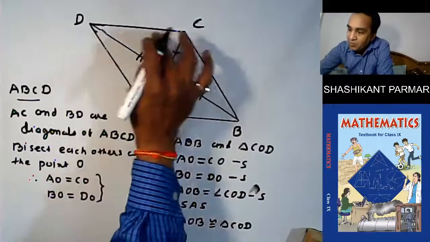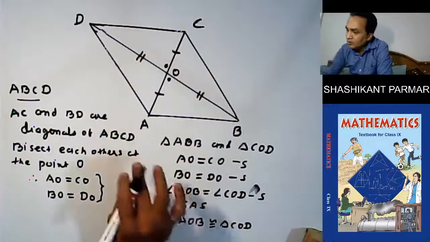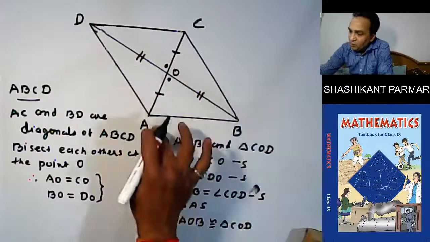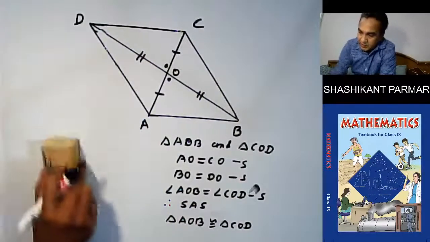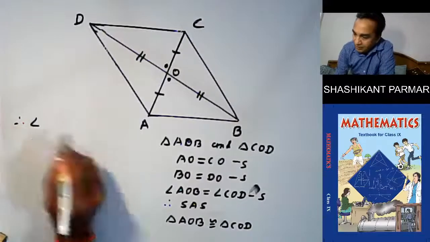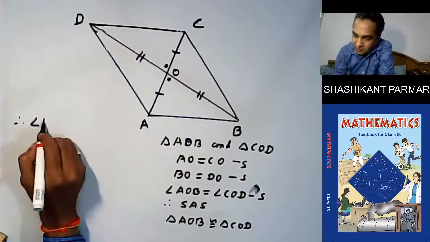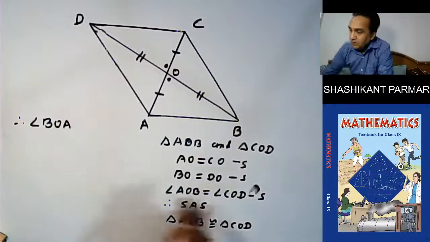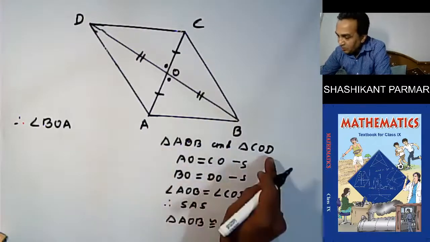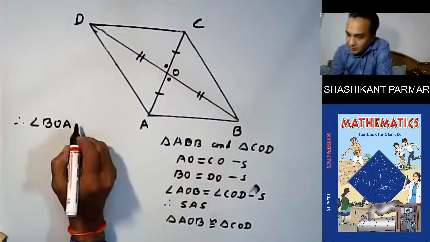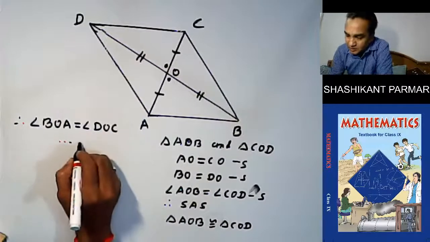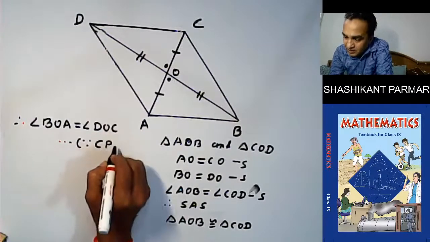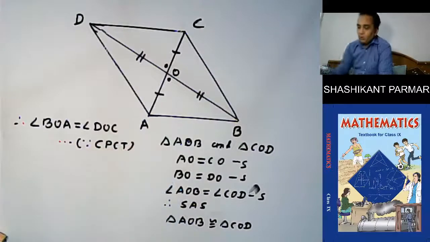That means angle BOA equals angle DOC. This is by CPCT, congruent parts of congruent triangles.